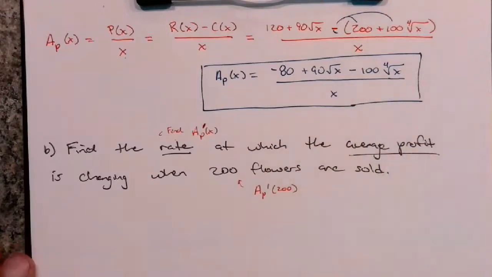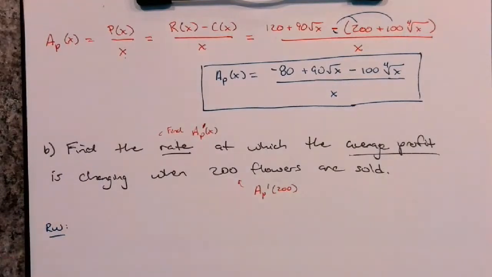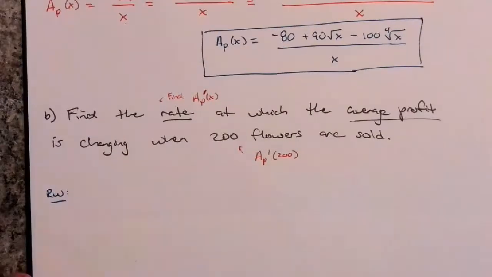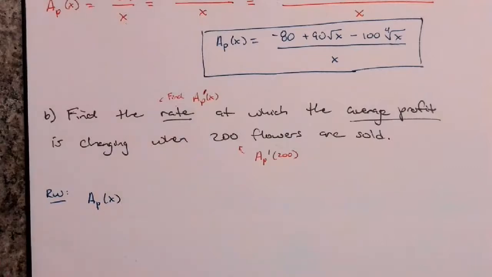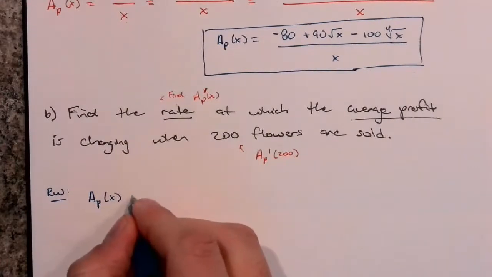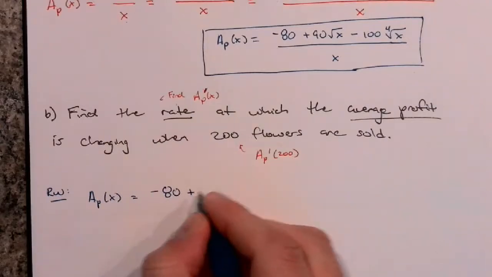Remember, you need to rewrite if you have any radicals or x's in denominators in terms of exponents. So I'm going to rewrite this. This is still the average profit function, A P of x, and it's equal to negative 80 plus 90.